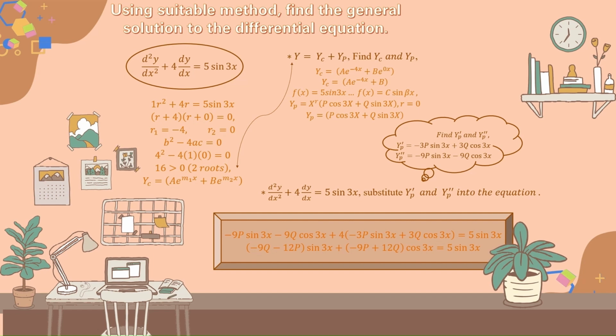Now we will look back at our original question, which is d2y over dx squared plus 4 dy/dx equal to 5 sin 3x.